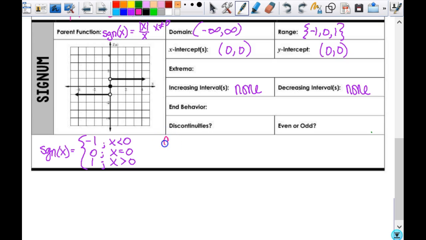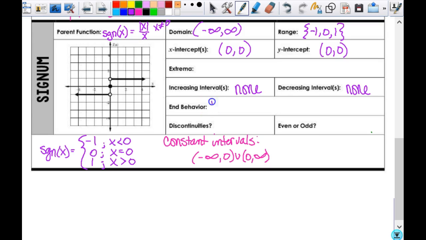So I have some constant intervals. This graph is constant from -infinity to 0. 0 doesn't count because there's just 1 point, so it can't be constant if it is just one thing. And then from 0 to infinity. End behavior.